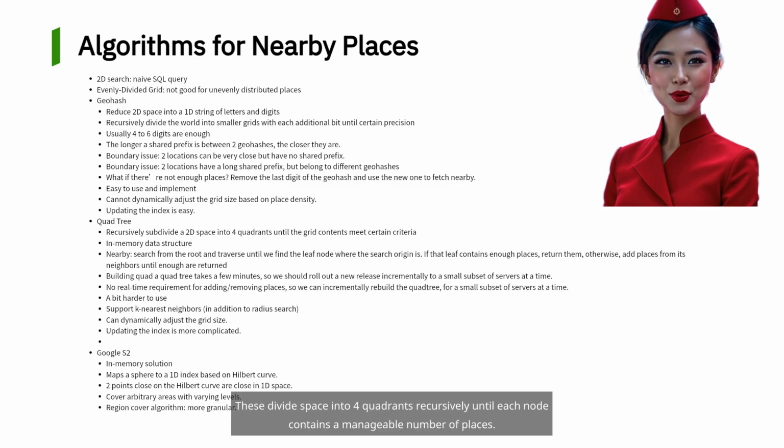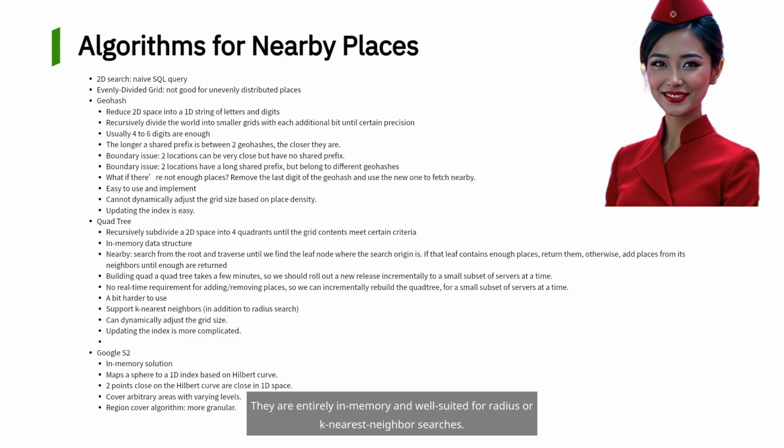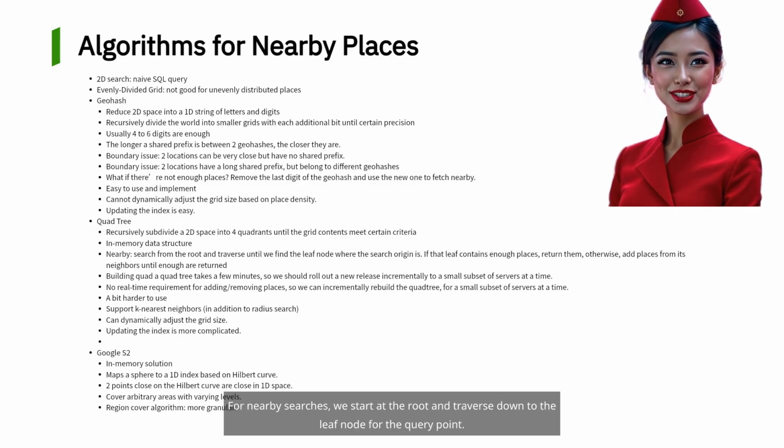Next, we consider quad trees. These divide space into 4 quadrants recursively until each node contains a manageable number of places. They are entirely in-memory and well-suited for radius or k-nearest neighbor searches. For nearby searches, we start at the root and traverse down to the leaf node for the query point.